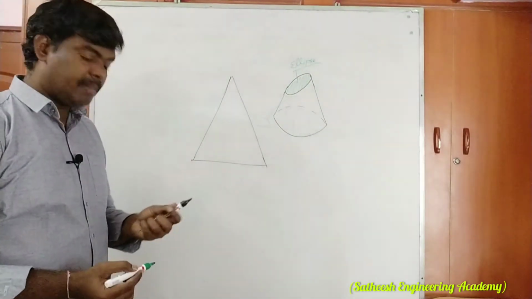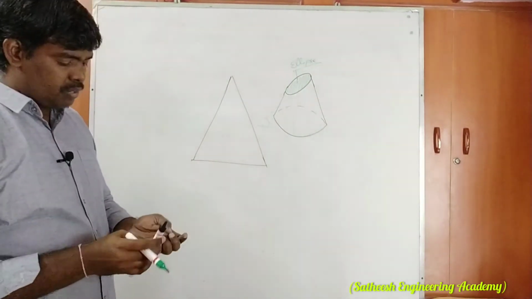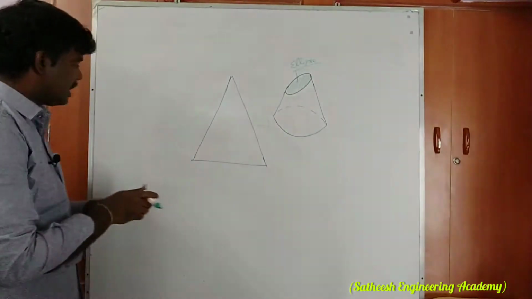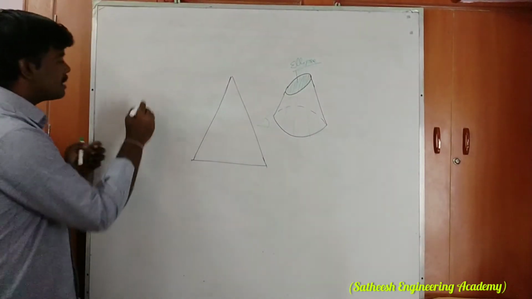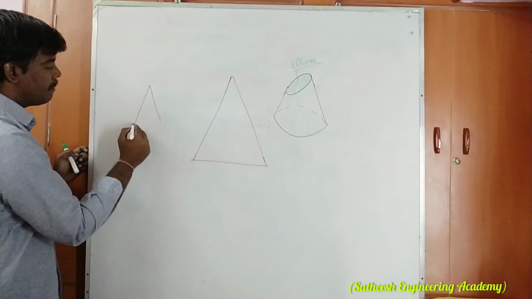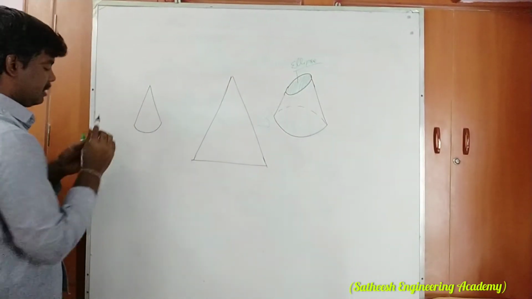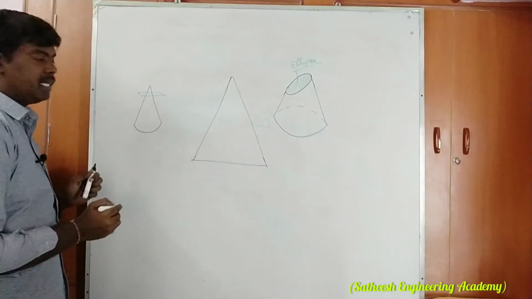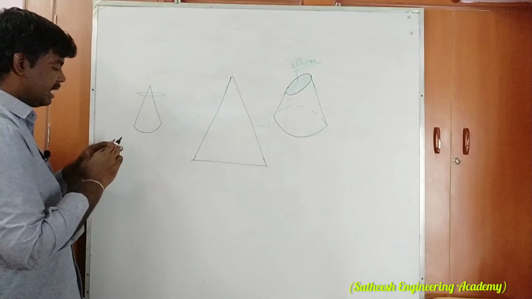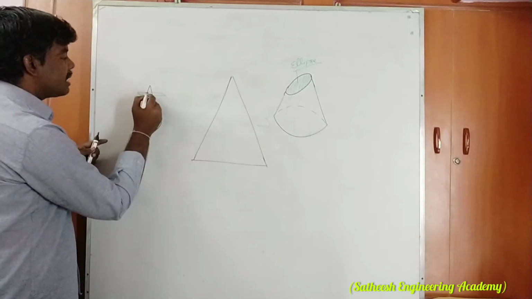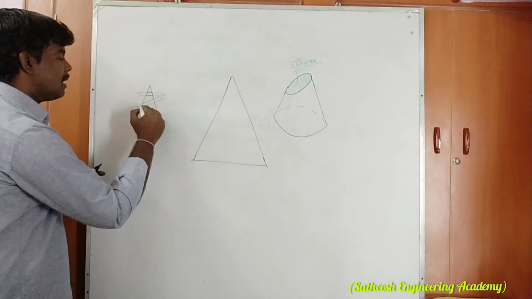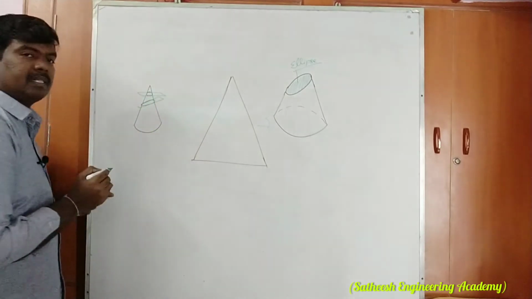Similarly, the cutting plane can take a different position. If the cutting plane cuts the cone parallel to the base, we get a circular cross section. If the cutting plane is inclined, we get an elliptical cross section.